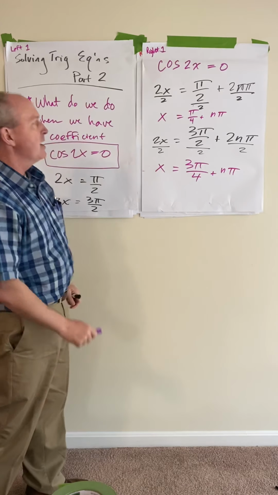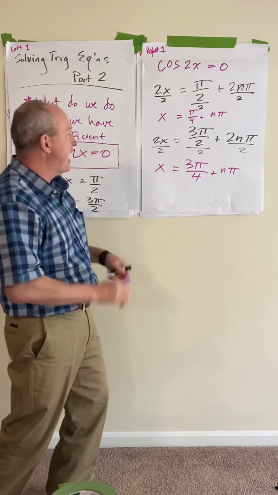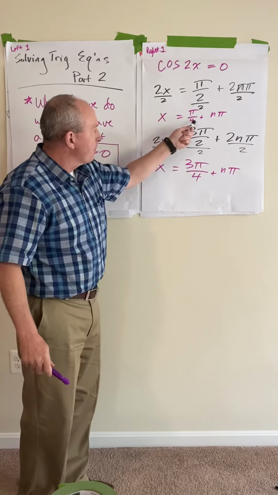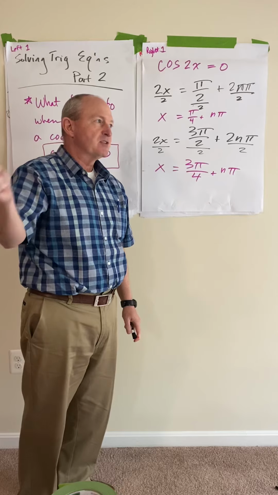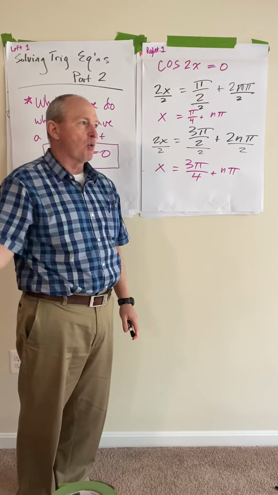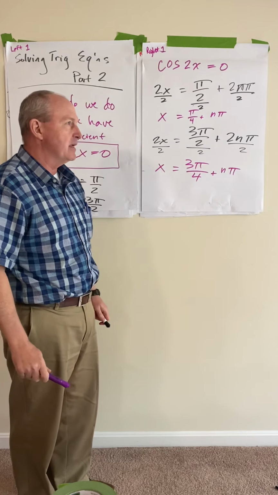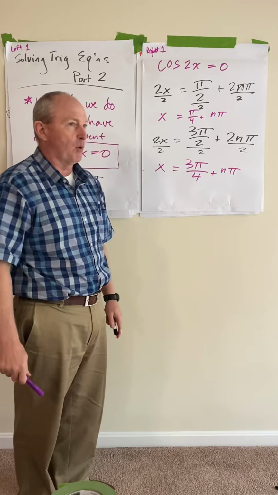These are the answers. Now I do want to point something out though, because something's kind of neat here. Pi over 4 plus n pi would give me pi over 4, 5 pi over 4, 9 pi over 4, etc. 3 pi over 4 plus n pi would give me 3 pi over 4, 7 pi over 4, 11 pi over 4.